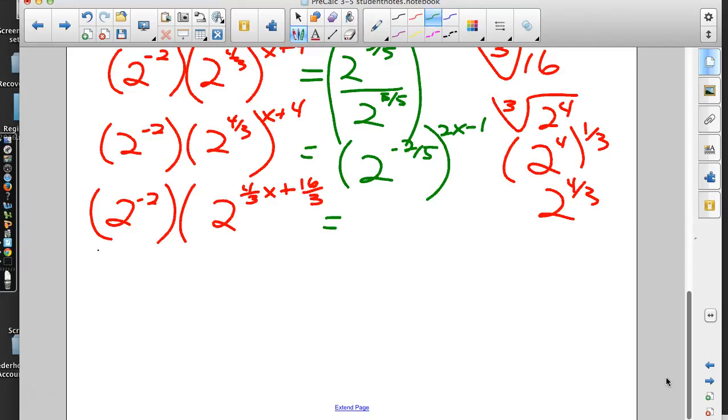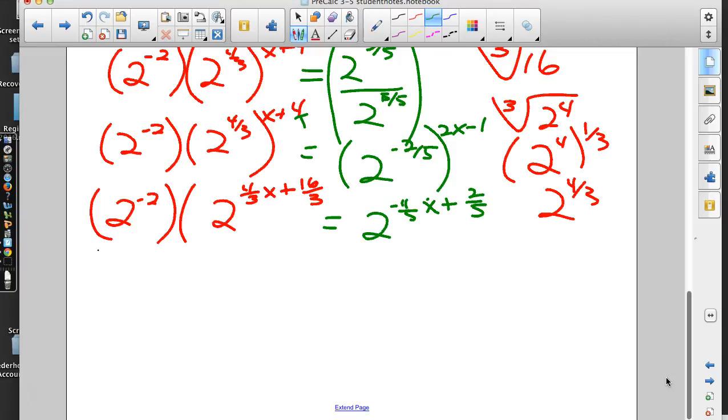Because remember, this 4 is like a 4 over 1. Top times top, bottom times bottom of fractions. Over on the other side, we'll have 2 to the negative 4/5, again think of that 2 as 2 over 1, x plus 2/5.